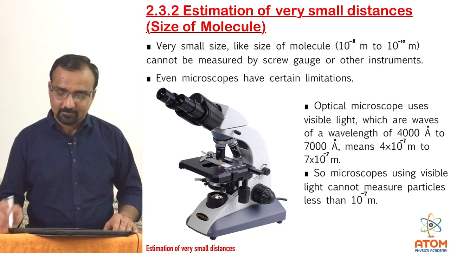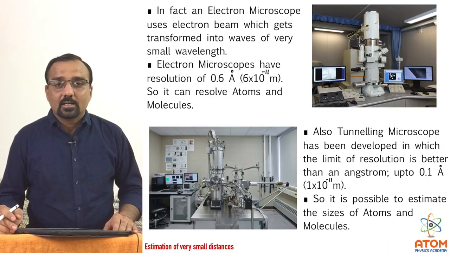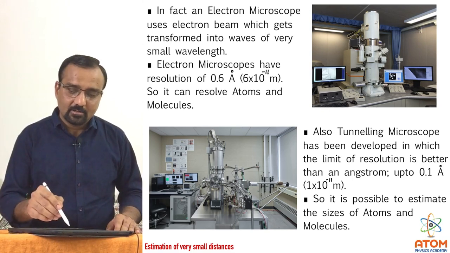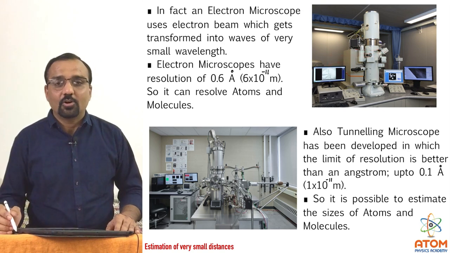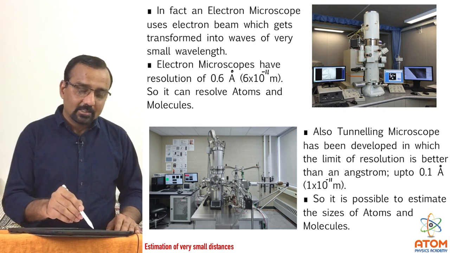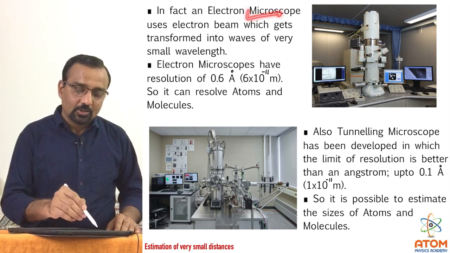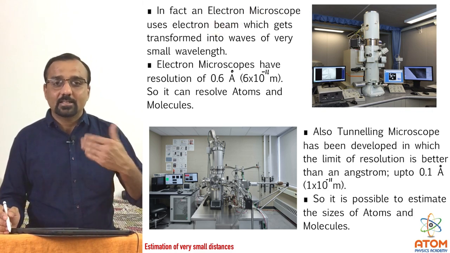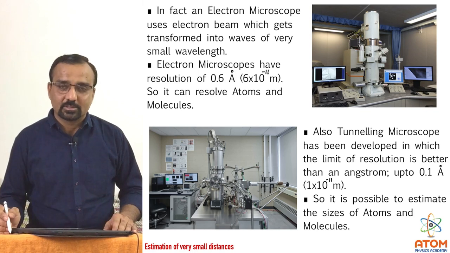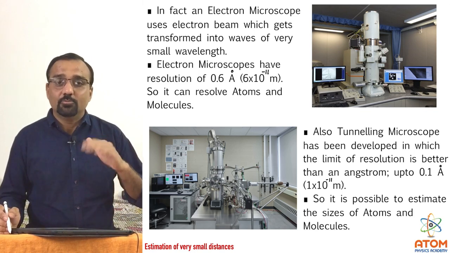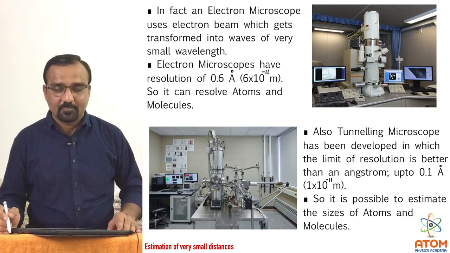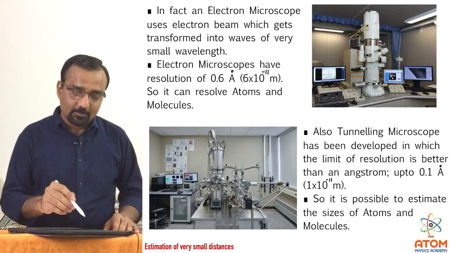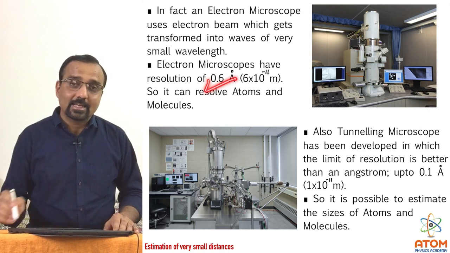Now another option is the electron microscope. Here a figure of an electron microscope is shown. This electron microscope uses an electron beam, and this electron beam is then transformed in the form of waves with very low wavelength, and that is why this electron microscope can measure up to 0.6 angstrom.